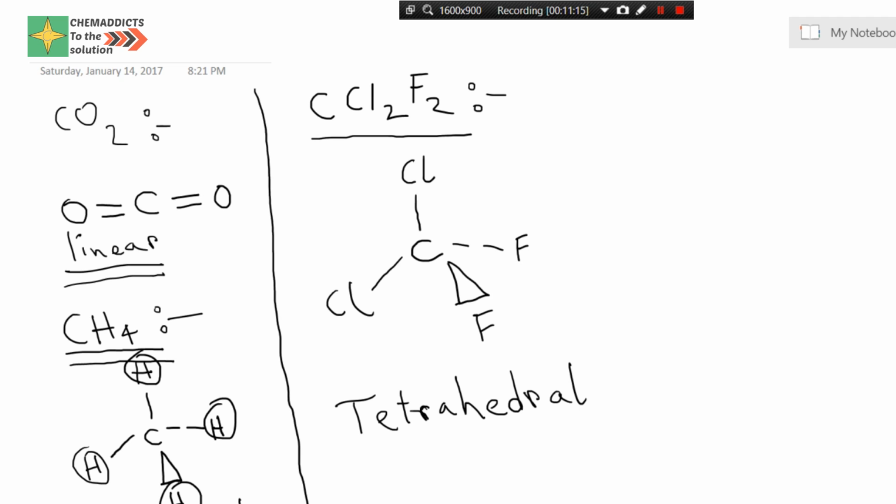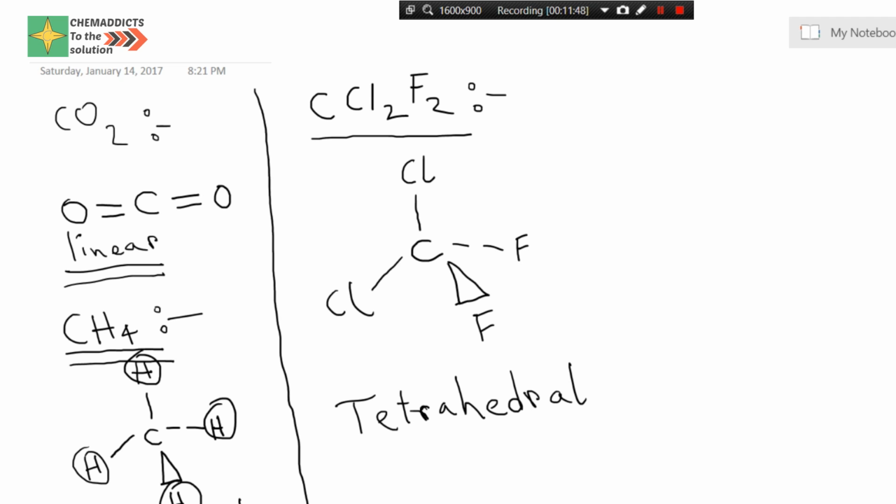And the similarity is the shape. The shape would be tetrahedral, since there is no lone pair; all of the electrons are in bonds. This electron of carbon is bonded with chlorine, this electron of carbon is bonded with chlorine, and this electron of carbon is bonded with fluorine, and this one is also bonded with fluorine.